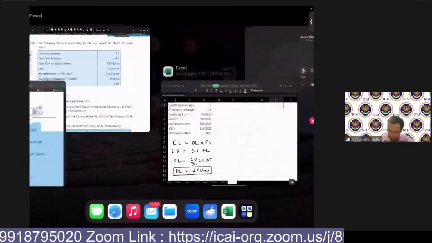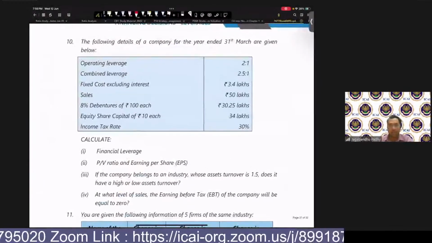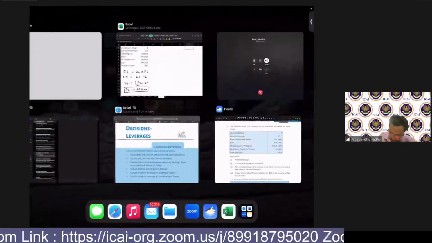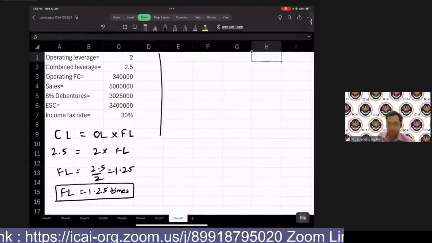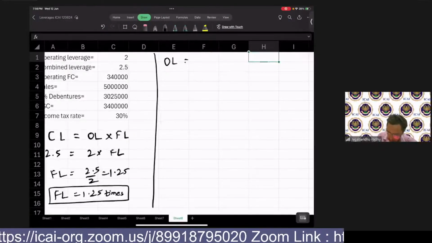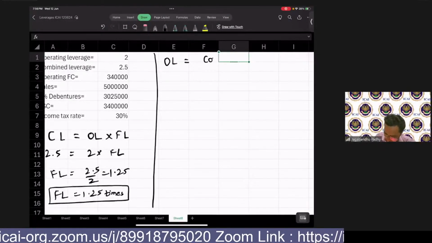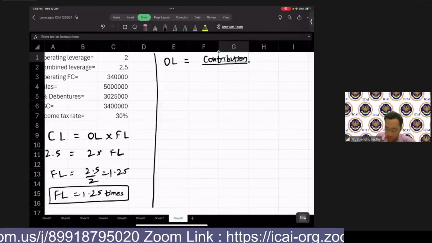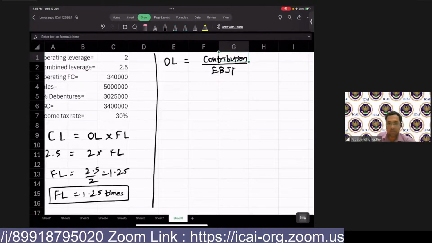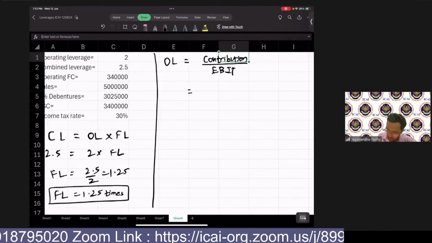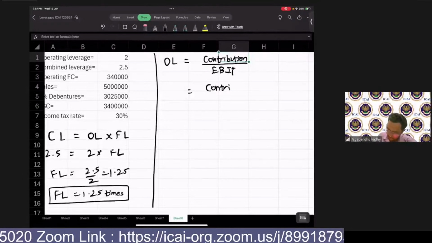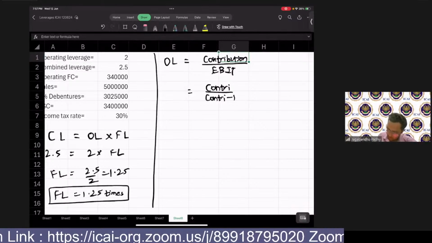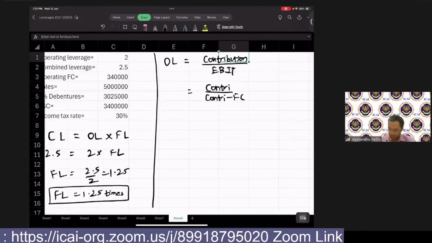Now the next thing that the question asks us is to get the PV ratio and earnings per share. We have the operating leverage formula given to us as contribution upon EBIT, right? And how do we get the EBIT? It is contribution minus fixed cost.